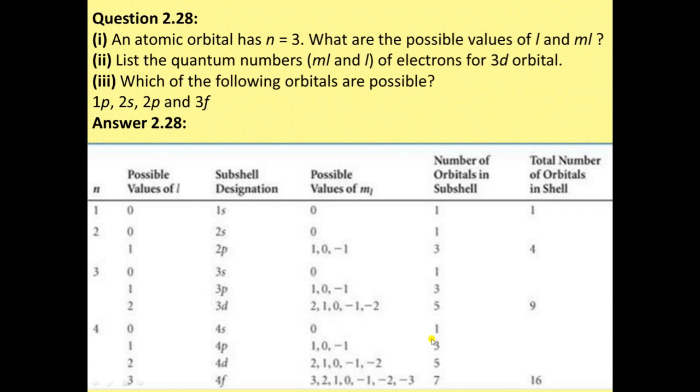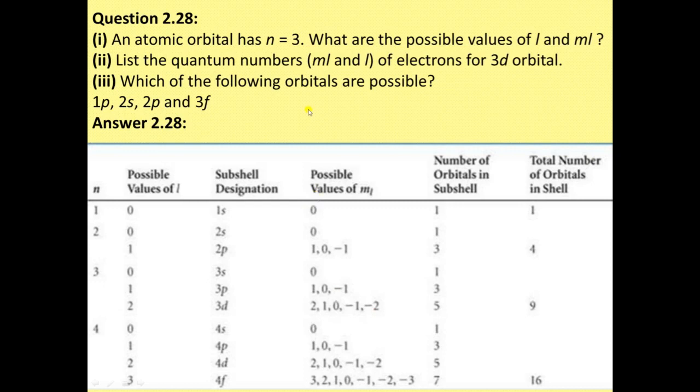Now question number 28. An atomic orbital has n is equal to 3. What are the possible values of l and ml? So here you have to see this section. When value of n is equal to 3, then value of l can be 0, 1, 2. And value of ml can be 0, 1, 0, minus 1, 2, 1, 0, minus 1 and minus 2.